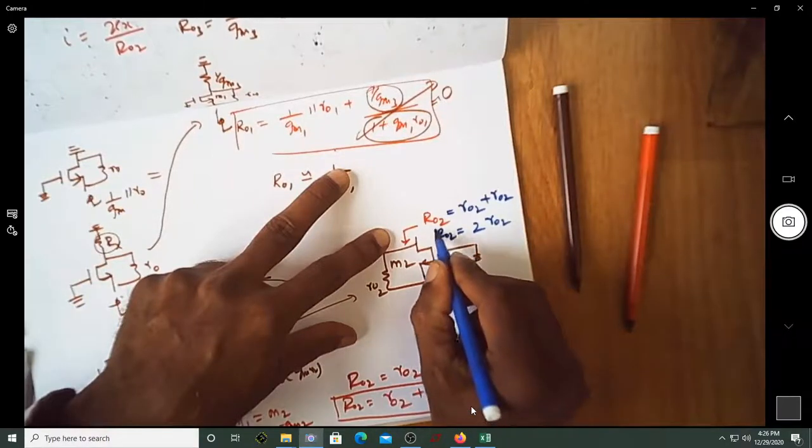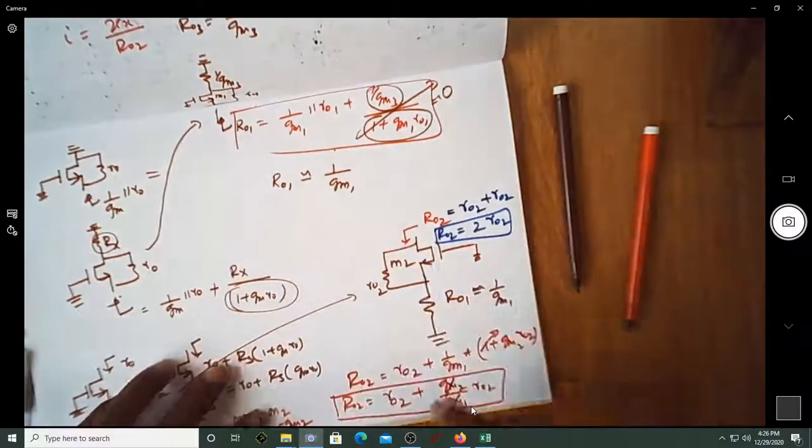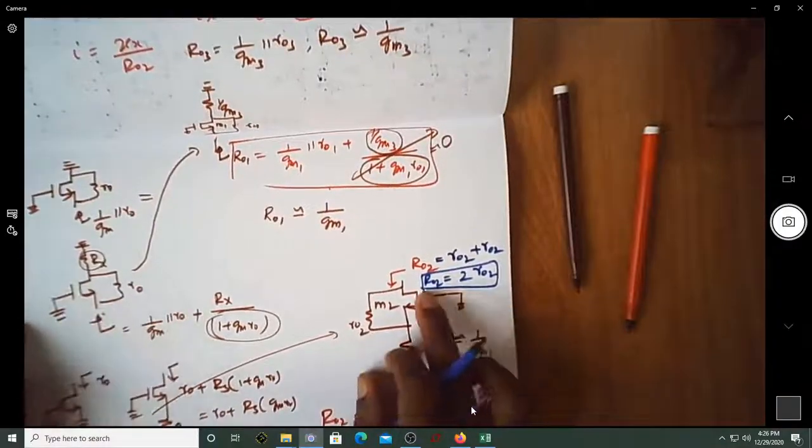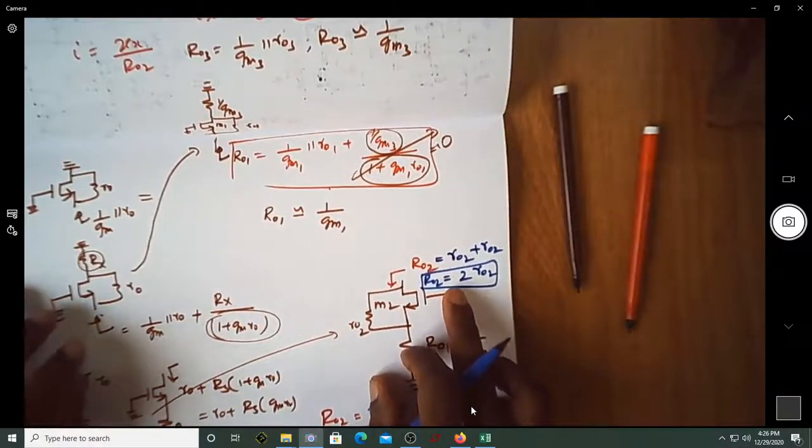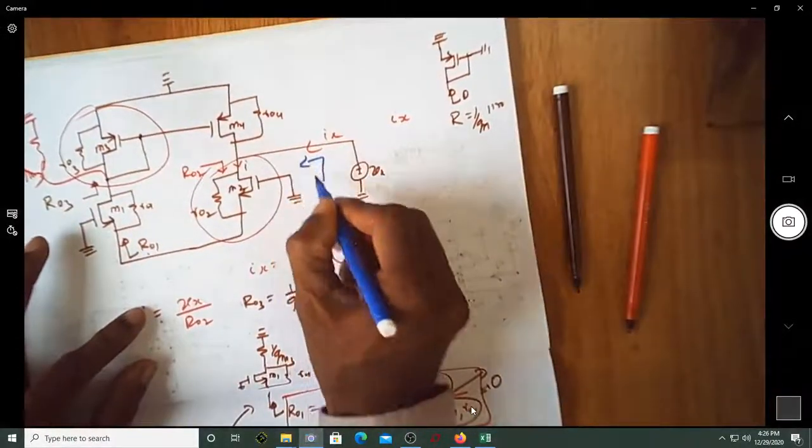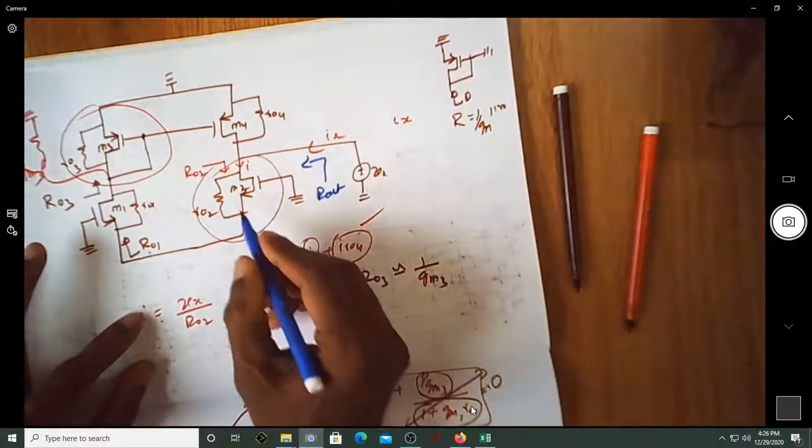This is the resistance looking down here. So why we are doing all these things? We are doing all these things to find the R out of this.